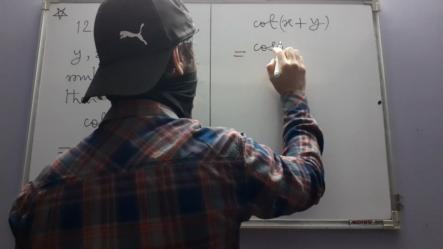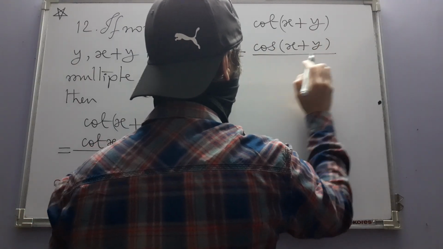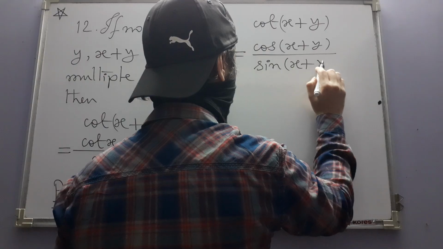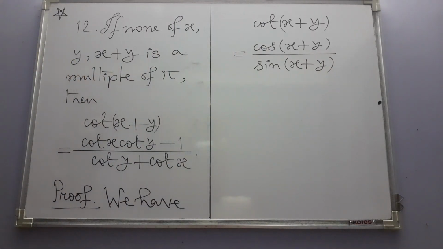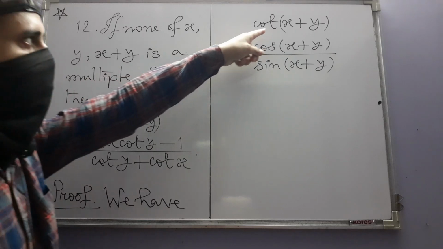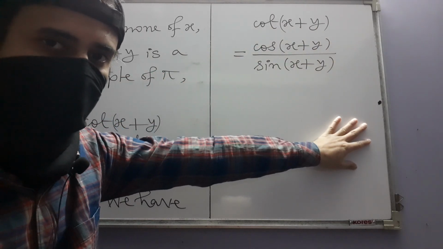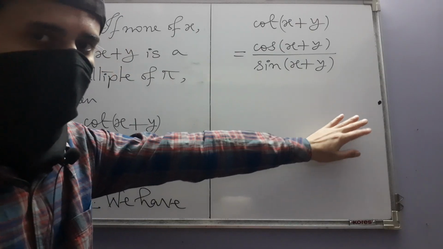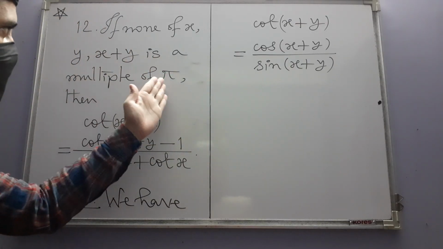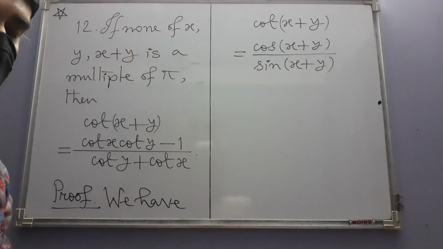So this is cosine of x plus y divided by sine of x plus y. We are able to use this formula, and in fact we are able to write cot x plus y, because it is defined. That's because x plus y is not an integer multiple of pi. None of these things is.